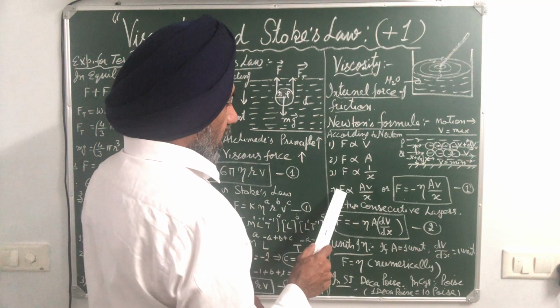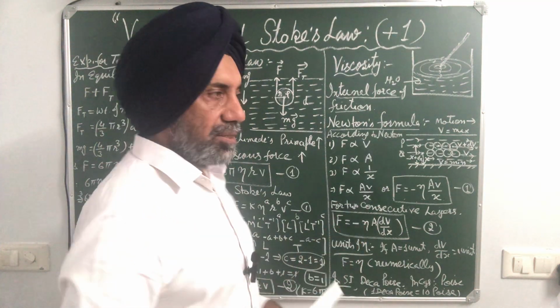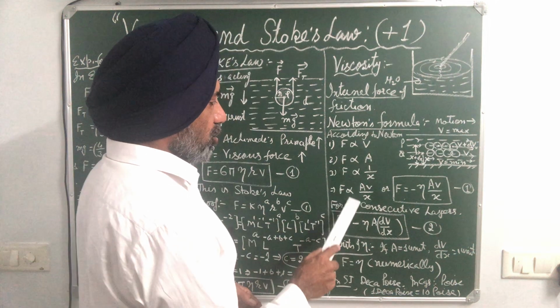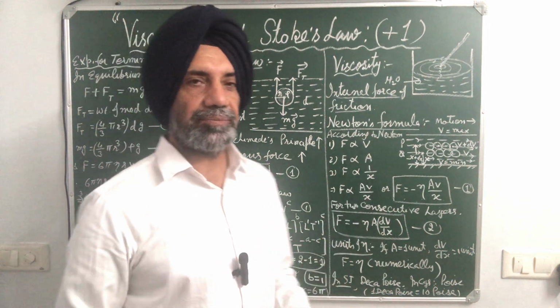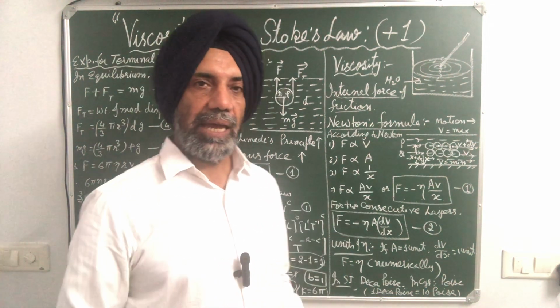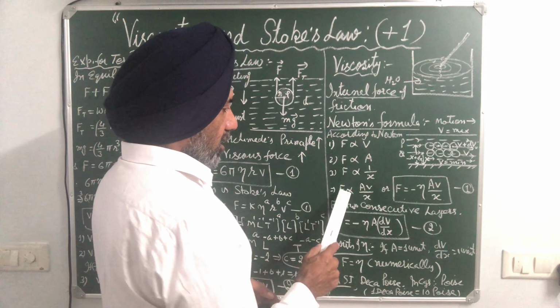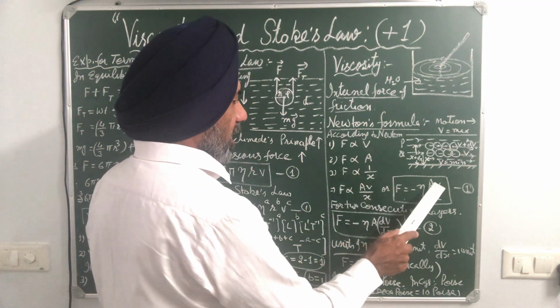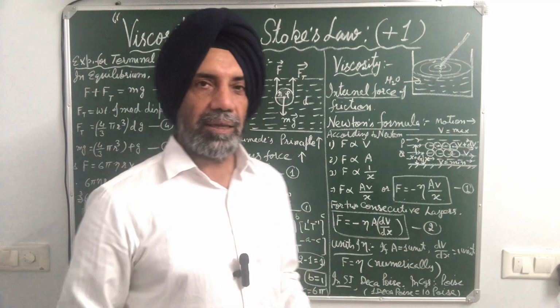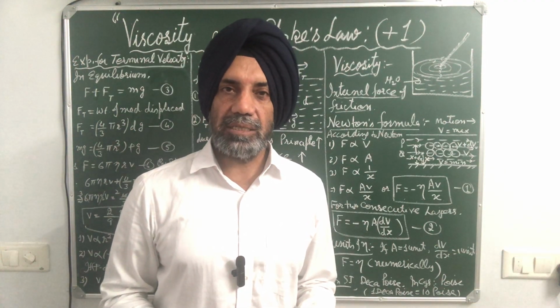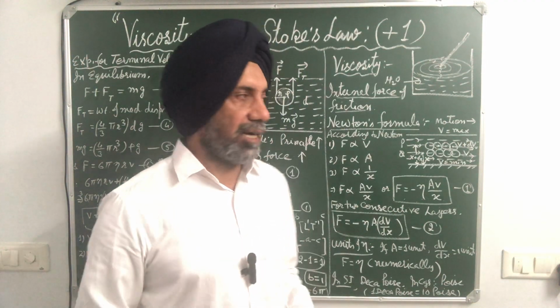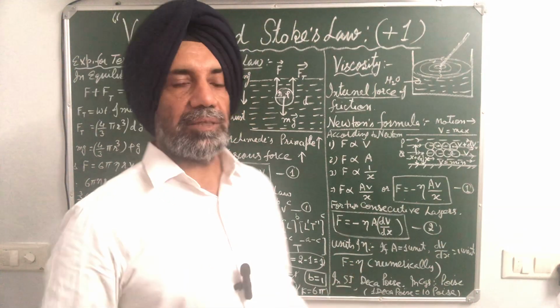So if we combine these factors, we get F proportional to Av/x, or F is equal to minus eta Av/x, where eta is the constant of proportionality and it is called the coefficient of viscosity.